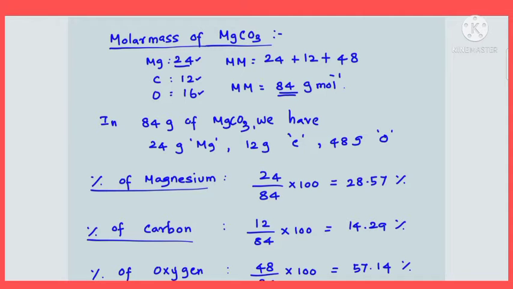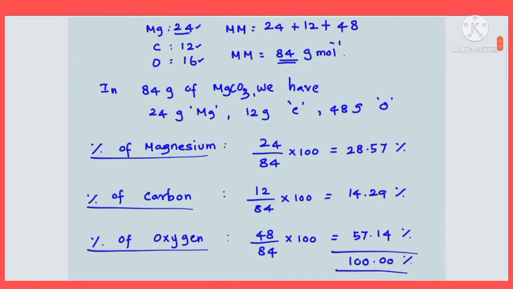Now, let us find the percentage of composition of elements in this compound. First, the percentage of composition of magnesium. In 84 gram of magnesium carbonate, the mass of magnesium is about 24 gram. Then what for 100 gram?